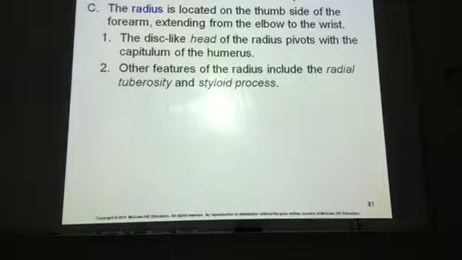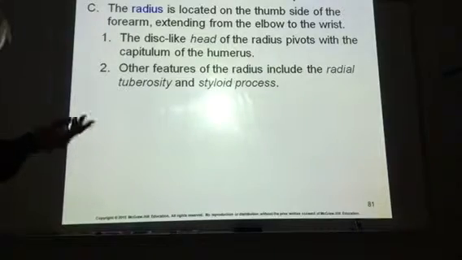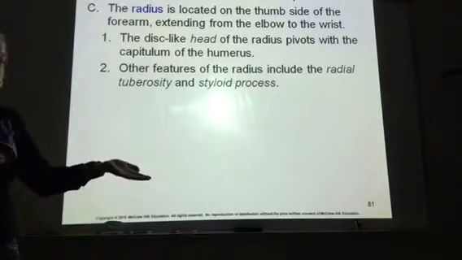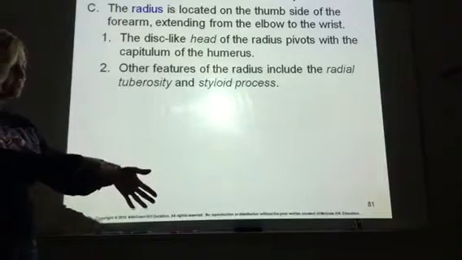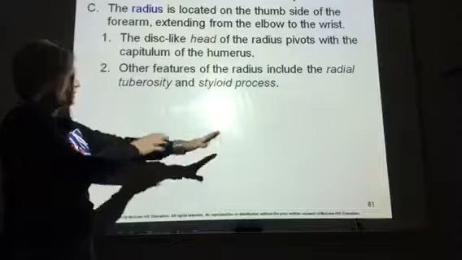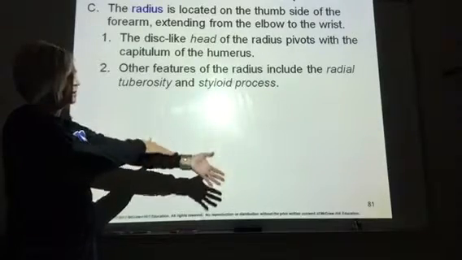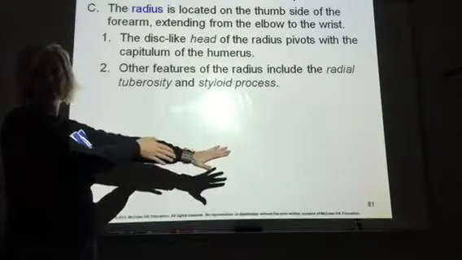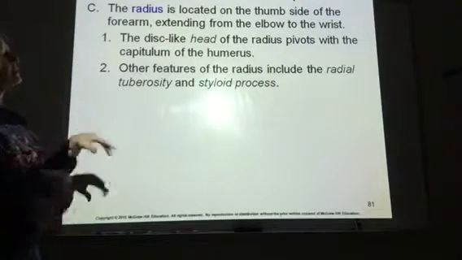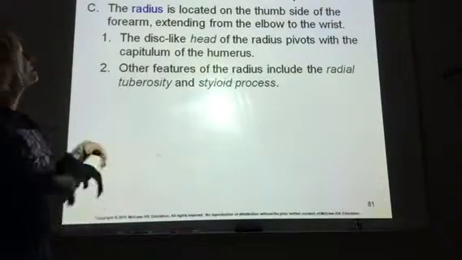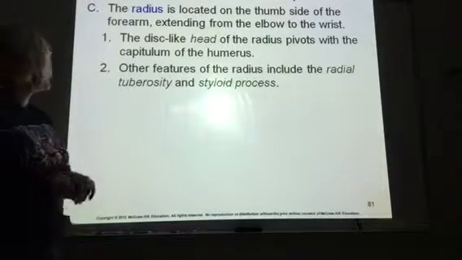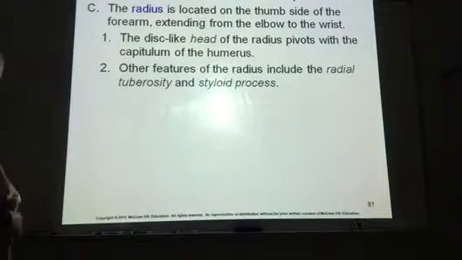So radius, and this is the way I've remembered, the way you remember it forever. The radius is thumb side. So the radius bone is going to be on the thumb side of your arm. No matter how I turn my arm, my radius bone will rotate with my thumb. So located on the thumb side, it goes from your elbow to your wrist. Disc-like head pivots with the capitulum of the humerus.